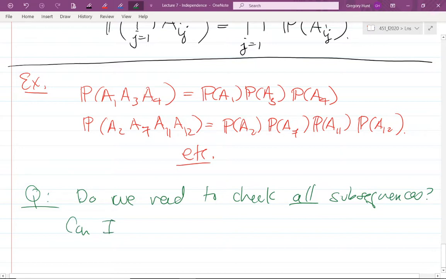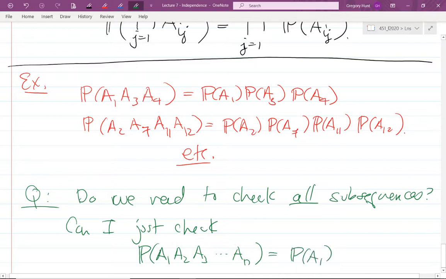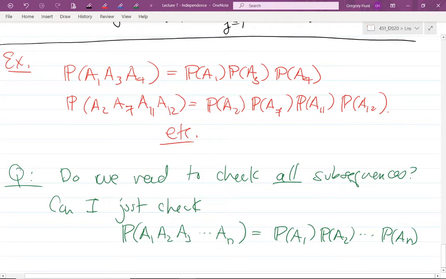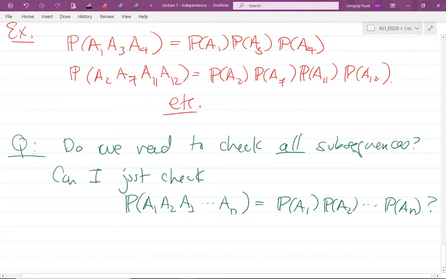Can I just check instead that the probability of A1, A2, A3, up to An intersect multiplies out to the probability of A1 times A2 up to the probability of An? Can I just check that? Because that would be a lot easier than having to check every single subsequence. Fortunately, the answer is nope, you can't.